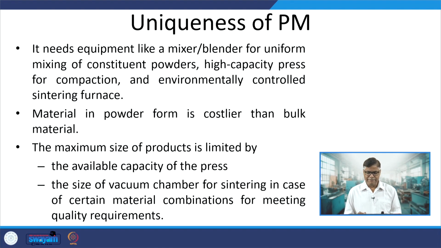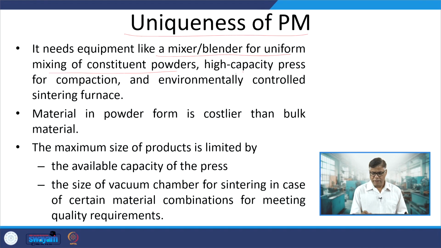As far as the uniqueness related to powder metallurgy is concerned, which makes it different from the other conventional processes, it uses the material in powder form, and these are mixed using mixers and blenders for uniform mixing of the constituent powders.